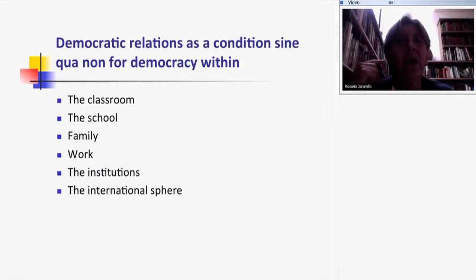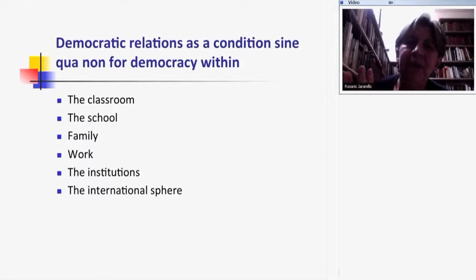What kinds of relationships come from those two kinds of relationships? What kinds of values are transmitted through the way that people relate to each other? Because it is through the way that you relate that you really teach values.